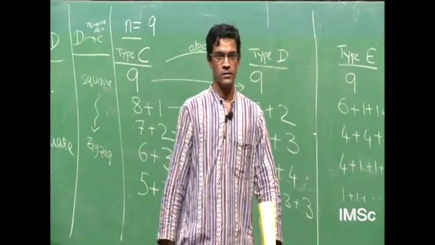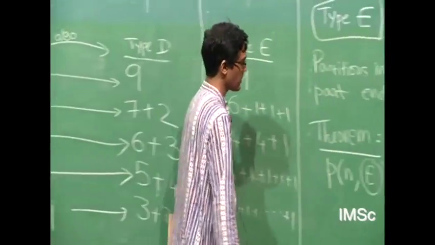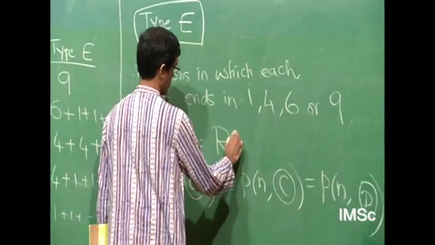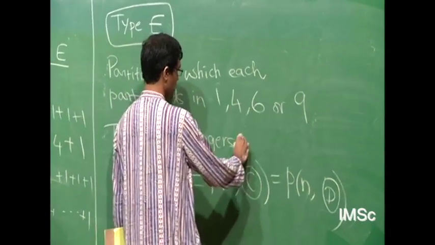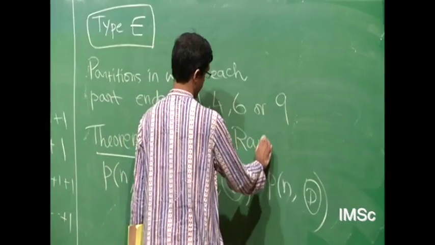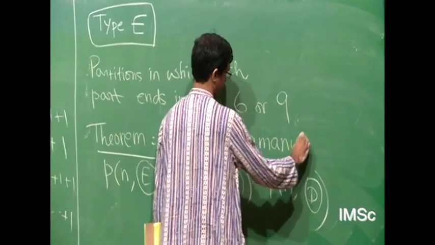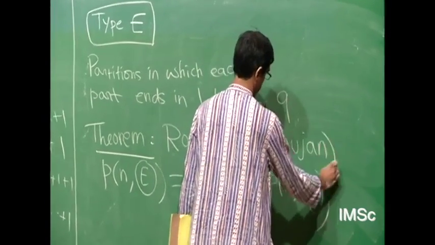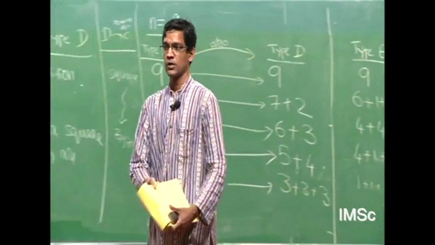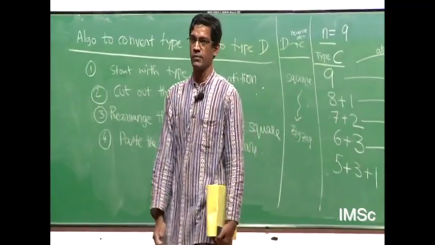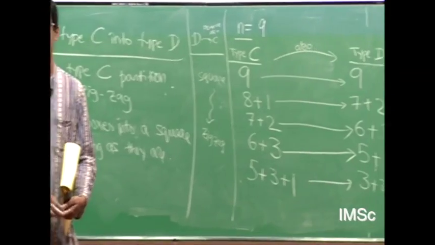And this is a very famous theorem due to the English mathematician Rogers and Ramanujan. This is called the Rogers-Ramanujan theorem or the Rogers-Ramanujan identity.